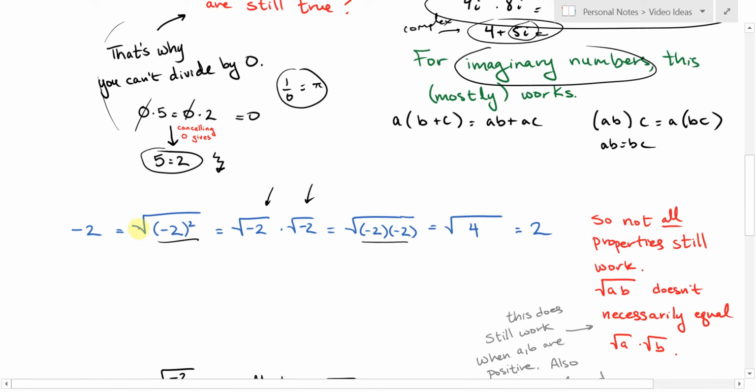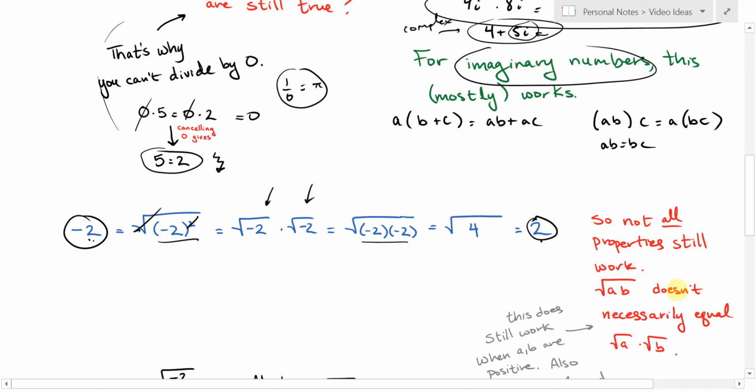But doesn't square root cancel with squares? So that should just give you -2 here. On the other hand, if you actually expand it, -2 times -2 is 4, right? 2 times 2 is 4, and the negatives cancel. So that should be the square root of 4, which should just be 2. So you end up with something absurd. The -2 should equal 2. Well, that doesn't make any sense.